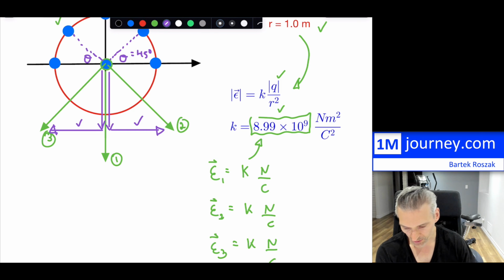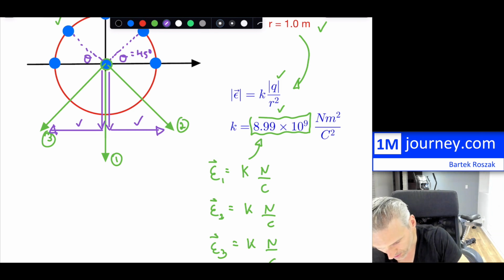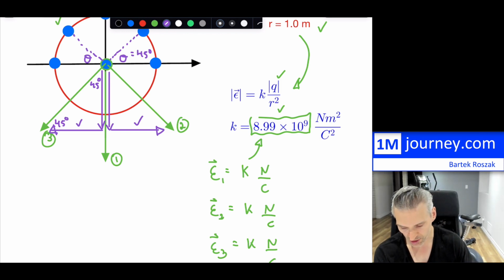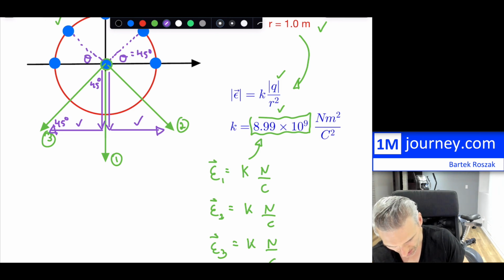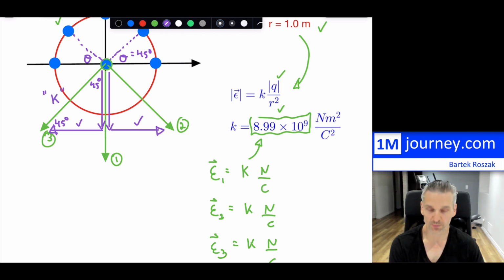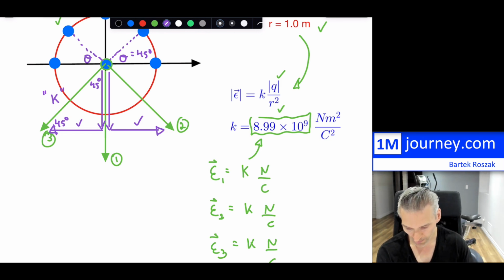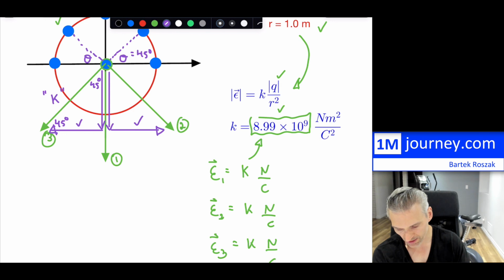So this is 45 degrees, and obviously this is 45 degrees. So it's very easy to find that component. It doesn't matter which one, we know that the value in here, this is the K, so 8.99 times 10 to the 9 newtons per coulomb. So that's the electric field within there.